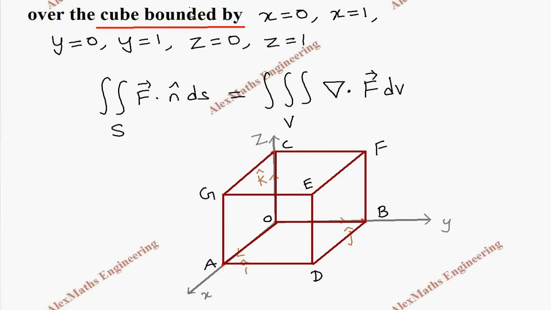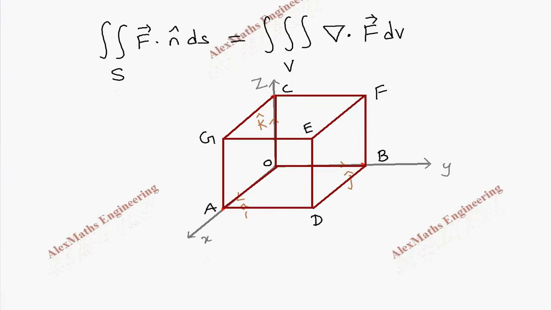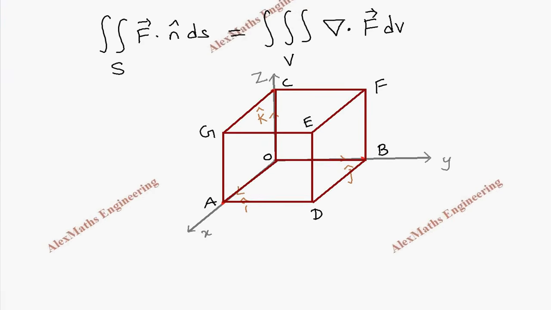Now we are going to take the left hand side of the Gauss divergence theorem, which is double integral over the surface S. So let's take LHS. It is double integral over the surface S f vector dot n cap dS. But here we have 6 surfaces.